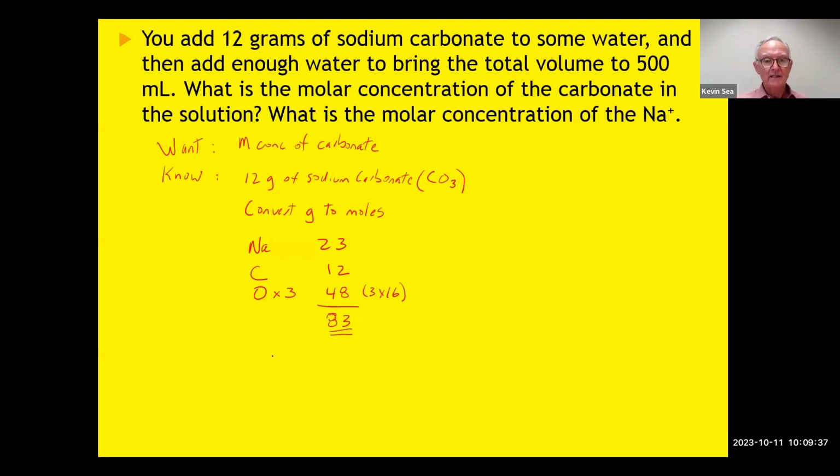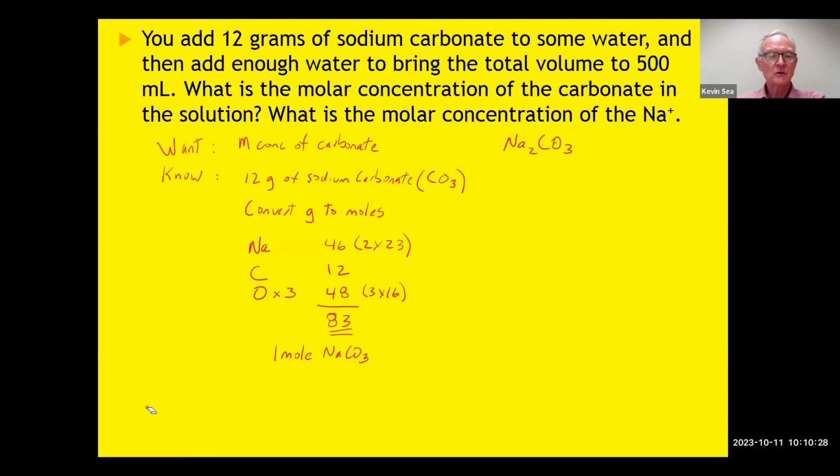So we know that in 1 mole of sodium carbonate, wait, I've got to add one more thing, because sodium carbonate has 2 sodium. Remember, CO3 has a -2 charge, so I've actually got 2 sodiums in sodium carbonate. I need to change my mass: sodium is 23 individually, so it'd be 46 total.